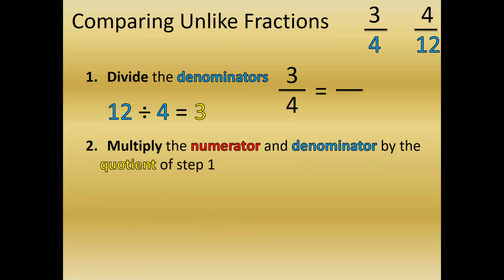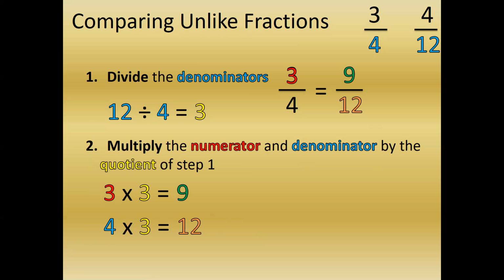So what is our numerator? 3. So we do 3 times 3, which is equal to 9, so 9 goes in the numerator spot of our new fraction. And which one's the denominator again now? 4, so 4 times 3, which is equal to 12. So 12 goes in the denominator spot of our new fraction. So we have 9 over 12 is equal to 3 over 4.